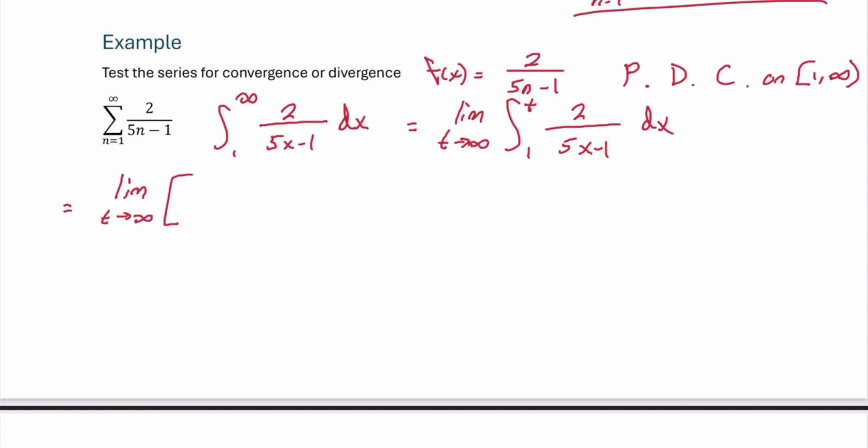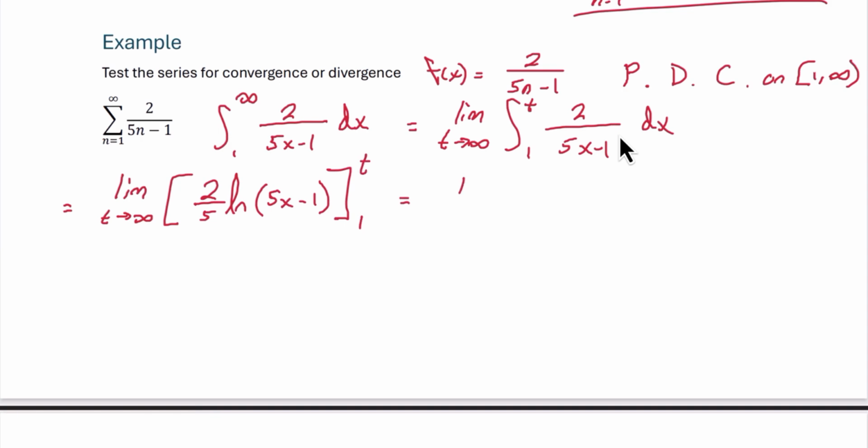That is the limit as t approaches infinity of, we have 2 divided by 5x minus 1. 2 is just a constant in the numerator. And then we have the natural log of the argument, the denominator, 5x minus 1. And then we need to divide that by the derivative of 5x minus 1, which is 5. And we are evaluating from 1 to t.